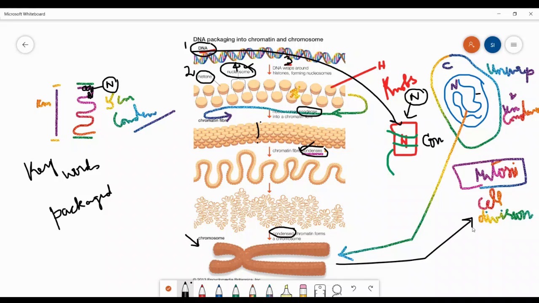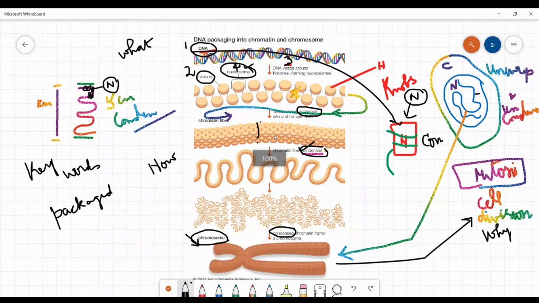So we should know, why is it even formed? So we answer the question of why, what is it, and how. So the what involves DNA, histones, nucleosomes, and the how involves verbs such as wrapping and condensation.